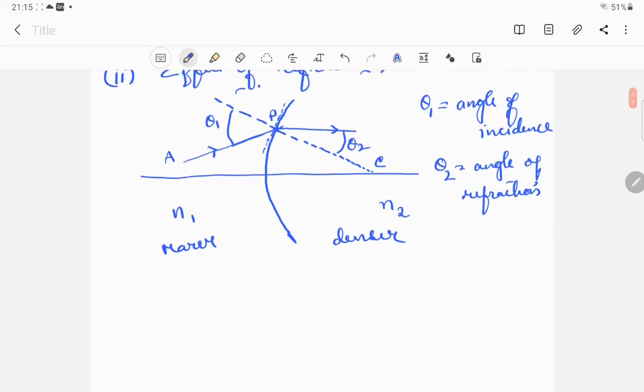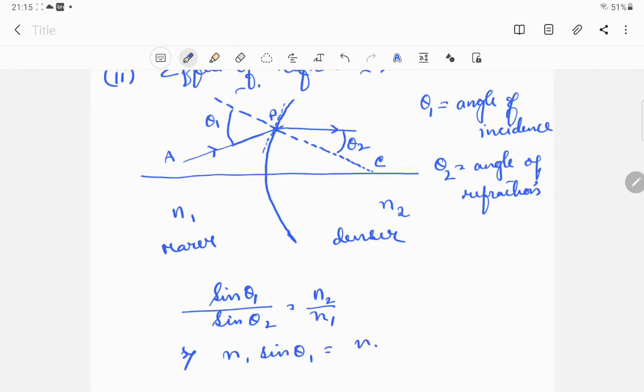According to Snell's law, or the law of refraction, sine theta 1 by sine theta 2 is equal to n2 by n1. So simply I can write n1 sine theta 1 is equal to n2 sine theta 2. Let it be our equation number 1.